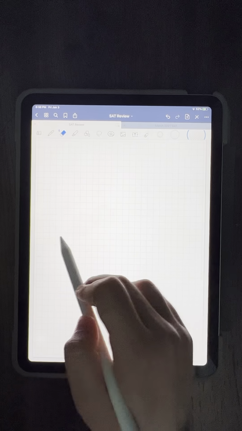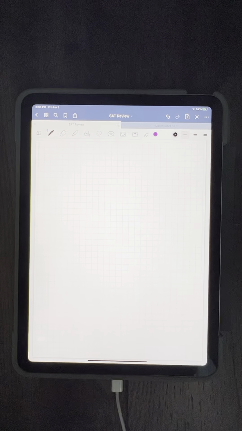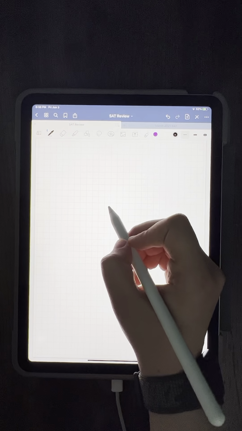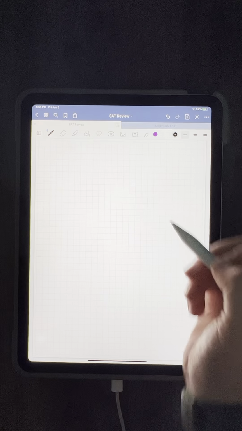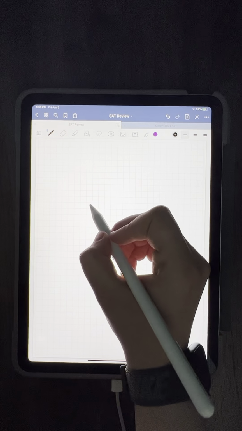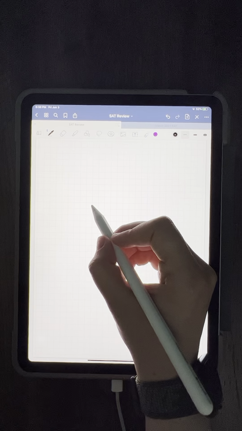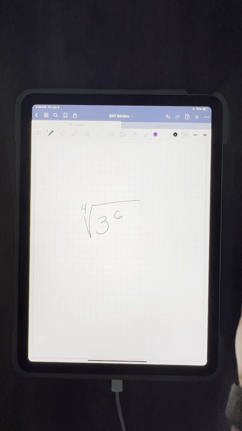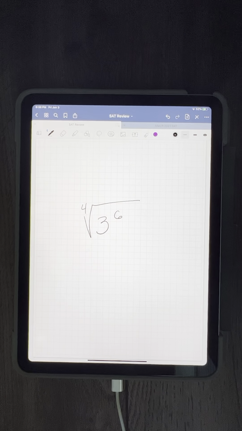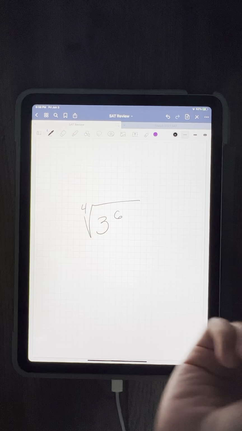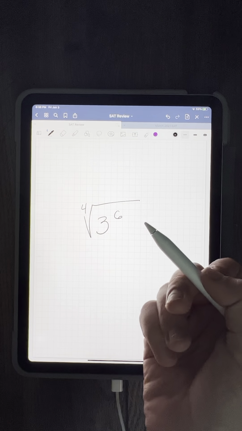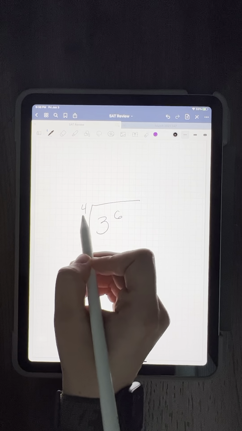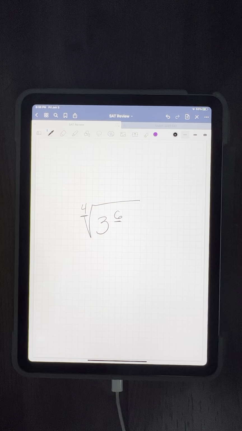And then there's another rule you have to know how to do, and that is, for example, if you had 3 to the power of 6, okay? If you had something like this, and you wanted to simplify this because none of your answers look like that, but you don't know how to simplify it, you can actually simplify the root and the power just like you would simplify a fraction.